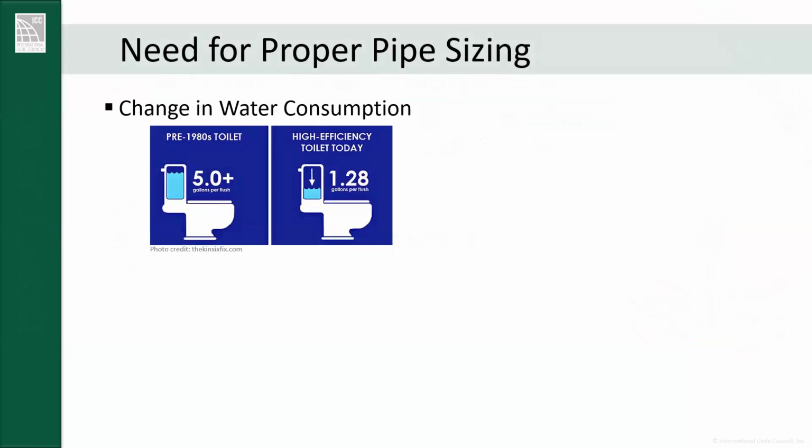So you're all familiar with how good showers used to be back in the day. You get all kinds of water flowing over you, and now it's quite a bit different, right? And you can see in this image how much the flushing volume has changed for the toilet.